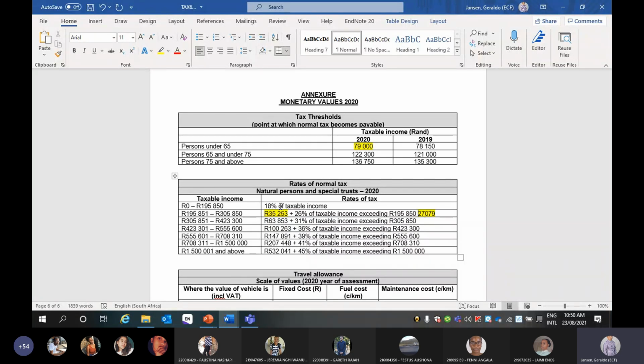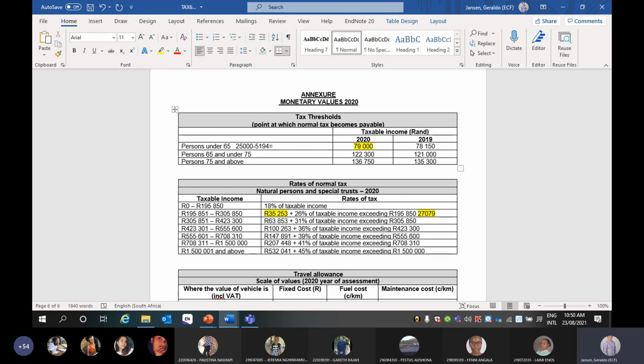So obviously we can divide by 12, and you will see that person will pay 5,194 rands tax per month. And I told you that that person's salary is 25,000. Remember, we did that first thing.